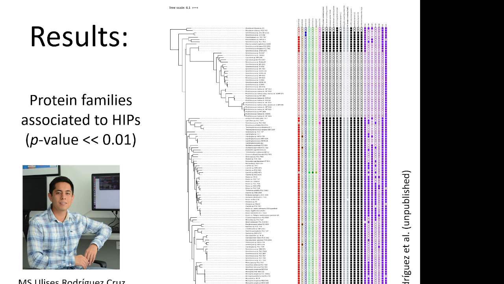And then here, each column is a protein family. So this table goes far away to the next block, because you have all the protein families that are conserved in these genomes. But I'm showing just the first part of the table.